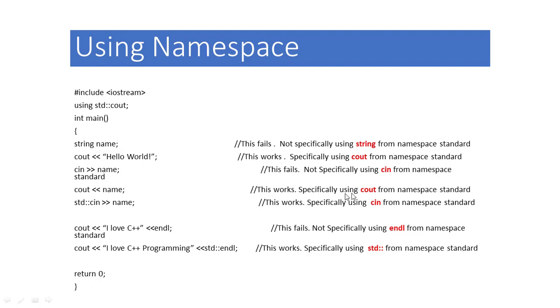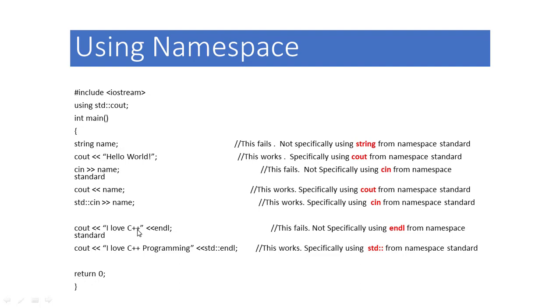It is specifically using cout from the namespace standard. We declared it here. std::cin name, this works. It is specifically using cin from the namespace standard. That is why it is going to work, because we said here std::cin, which means we are using the cin object from the standard namespace.